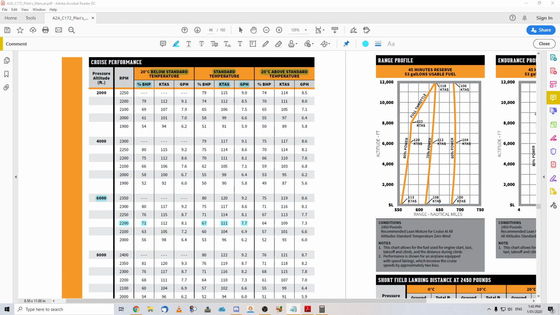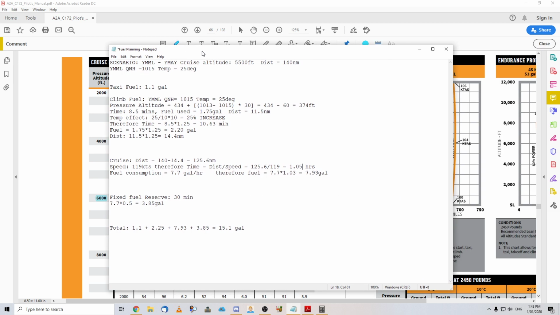Okay, so by travelling 1.05 hours, how many gallons of fuel do we use? Well, it says here we're using 7.7 gallons per hour. We might be using a bit less because with ISA plus 7, as you can see, the higher the temperature, the less fuel. But we'll err on the side of caution. We'll say we're going to be using 7.7 gallons per hour.